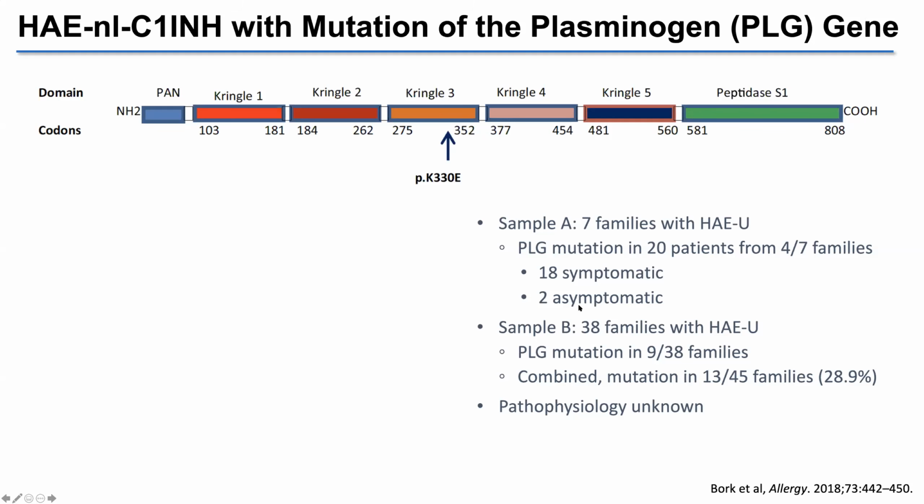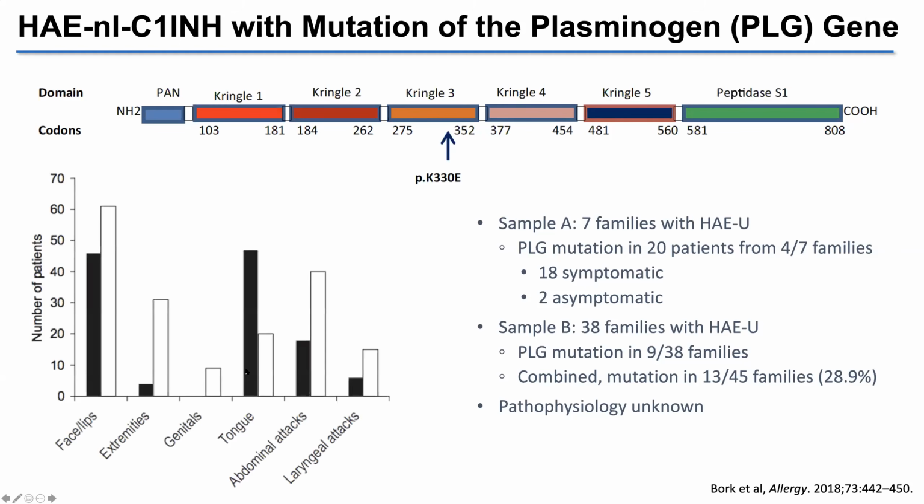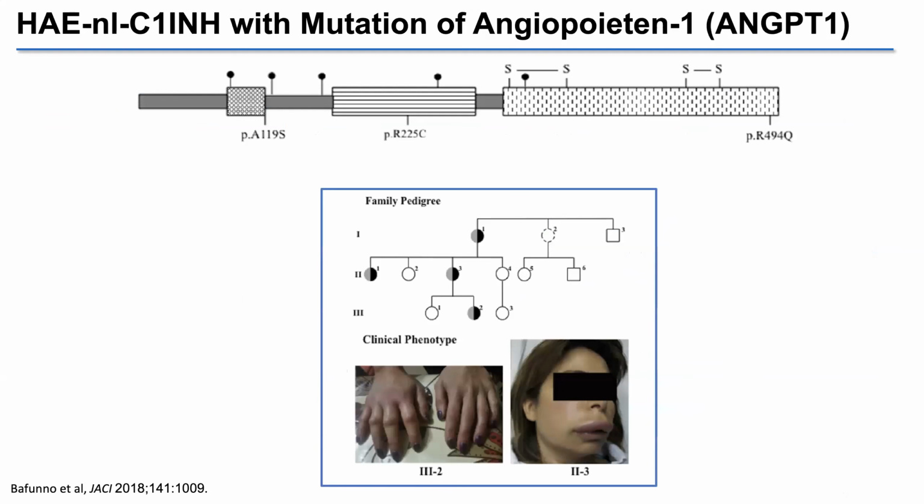We are finding plasminogen mutations in the US population, but we don't know what the mechanism is. What I do want to tell you is that these patients have a lot of swelling of the tongue. So if you see tongue angioedema in a patient who you think might have HAE normal, it might be a plasminogen mutation. That's a clue that you should be aware of.